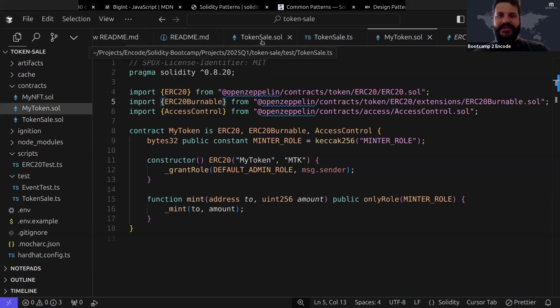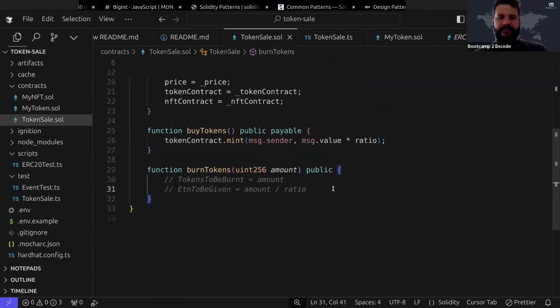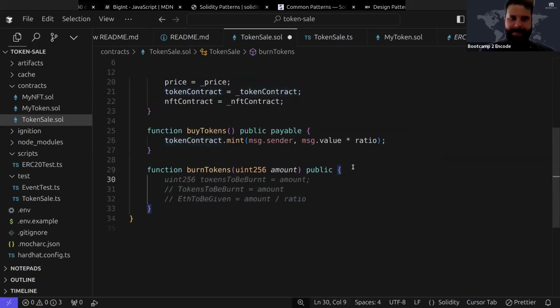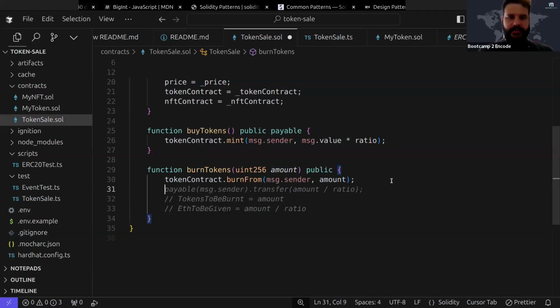So in the TokenSale.sol, I'm going to have a function that is going to pick the token contract and is going to burn from the msg.sender this amount that I'm passing, and is going to transfer to the msg.sender the amount divided by ratio.